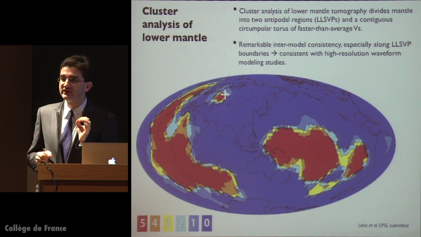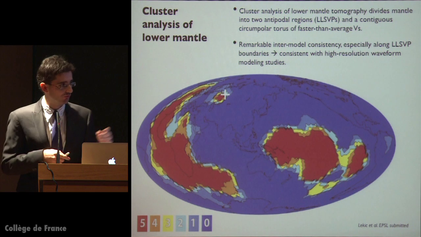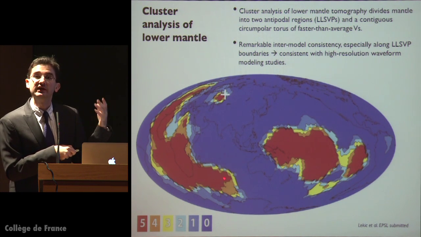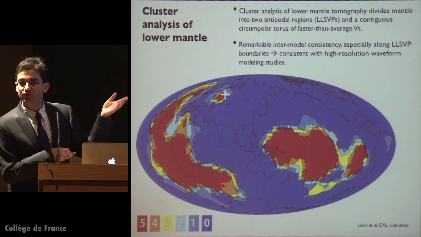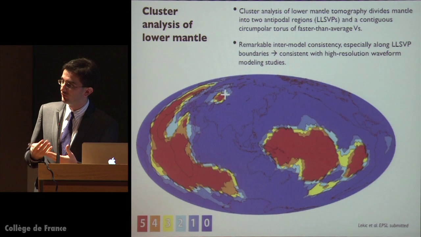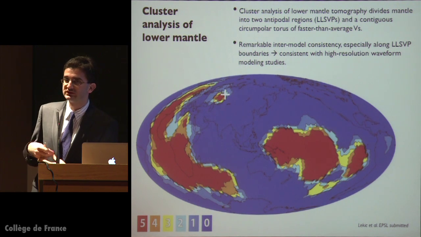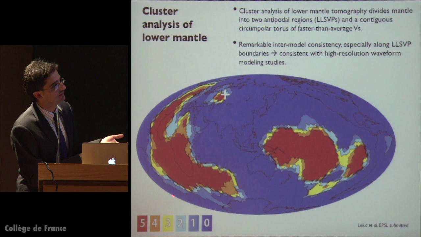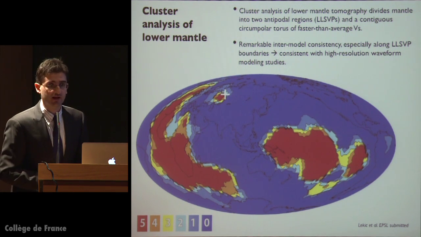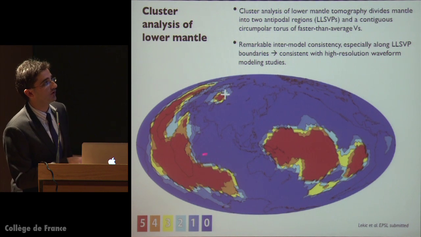This represents, for a given location, how many models voted for that location to be in the slow cluster. So where you have 5s, where everything is red, it means all models agree that this location has a velocity profile which is characteristic of the slow cluster. And then in the blue regions, it means that no models thought that. So there's remarkable intermodel consistency.